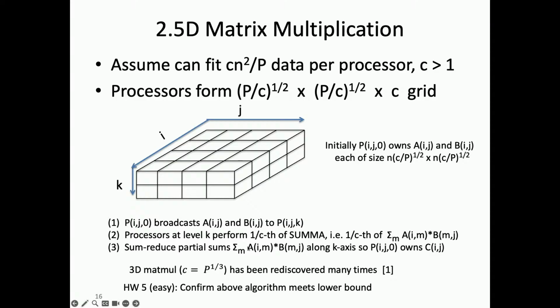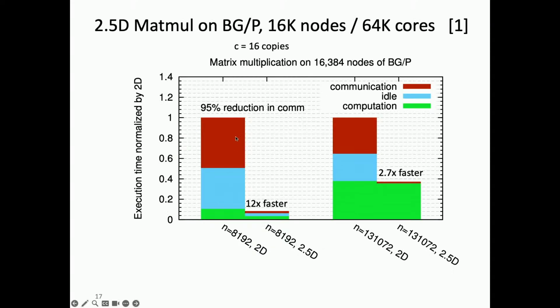Now, let me show you some performance data. Yes? What's the reasonable scaling of C to keep in mind? I'll show you in the next slide. Great. So this is some real performance data on a 64,000 core IBM BGP. And C is a tuning parameter. It turned out C equals 16 was the right number for this particular instance.